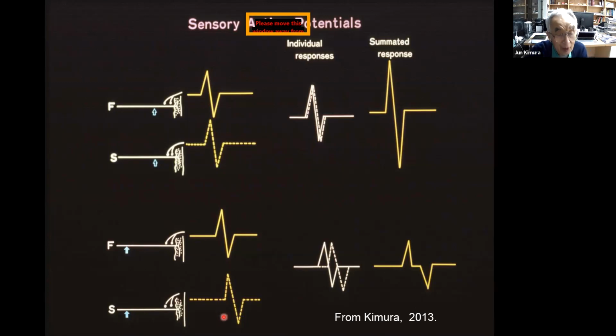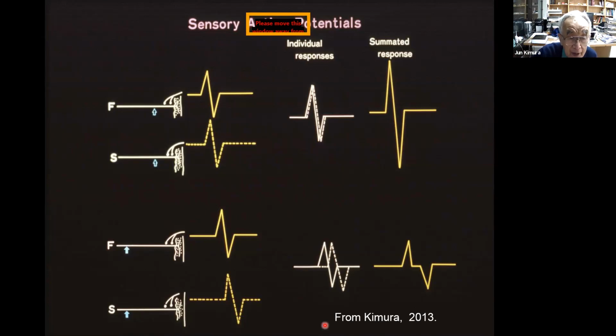And let me tell you, I'm not making up this time lag. We tested, we asked ourselves, what is the latency difference between the fast conducting axon and the slow conducting axon from the axilla to the fingertip? And we found out it is 1 millisecond, right? So here and here, there's a 1 millisecond difference.